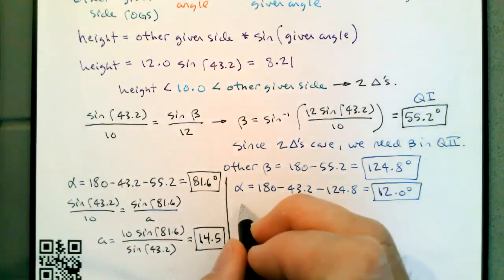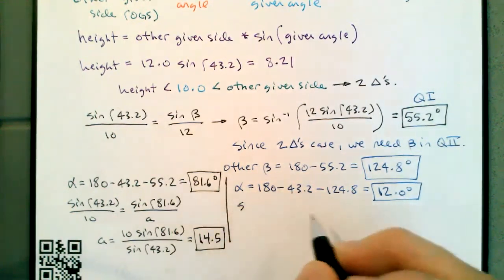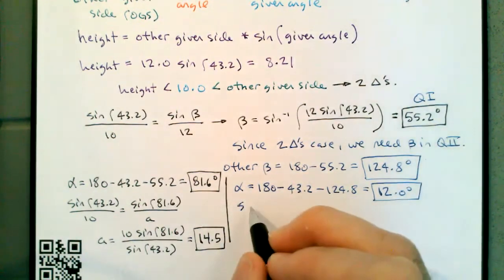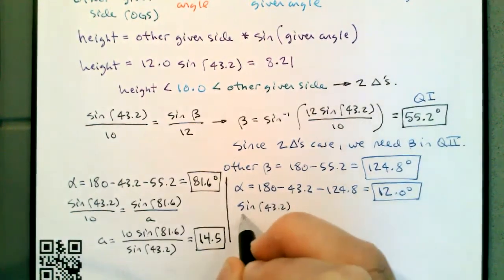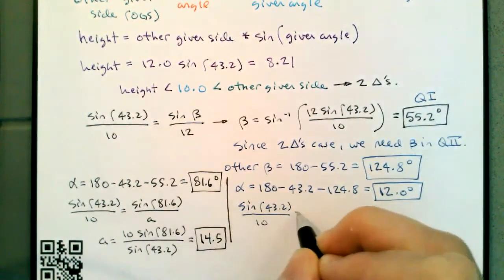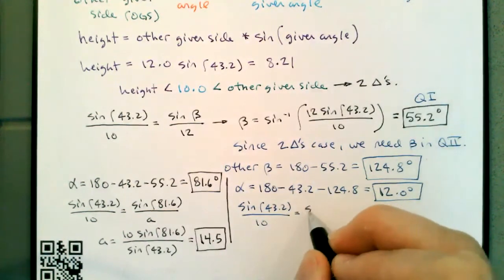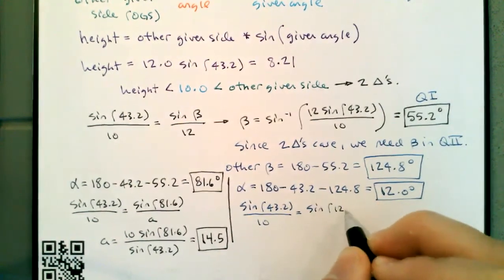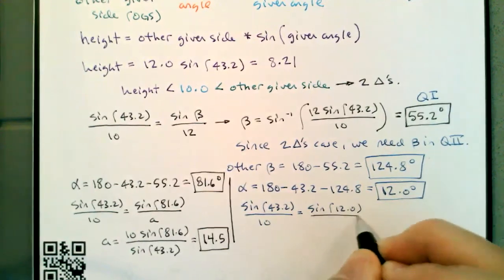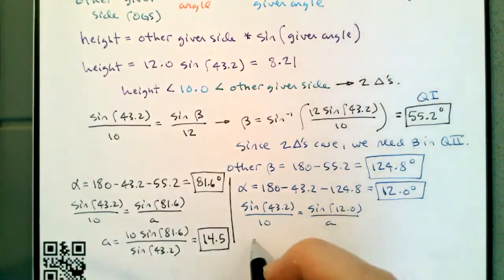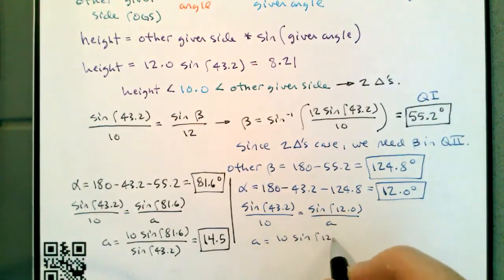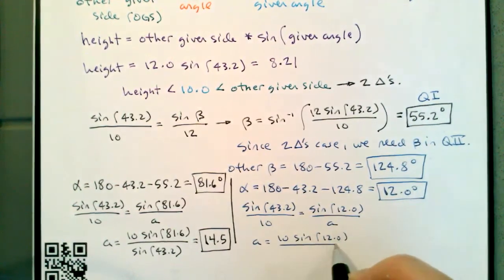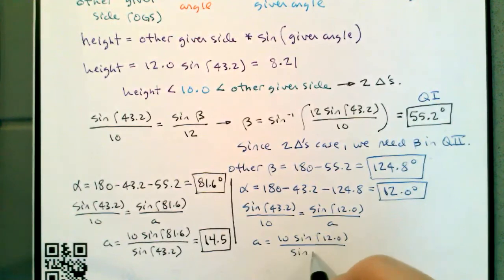Over here, we'll set up sine. We have to find another A because we have another alpha. So I take the sine of 43.2 divided by 10. I'm going to use gamma because that was given information. And this is equal to the sine of 12 divided by the other value of A. So the other A will be 10 sine of 12 divided by the sine of 43.2.